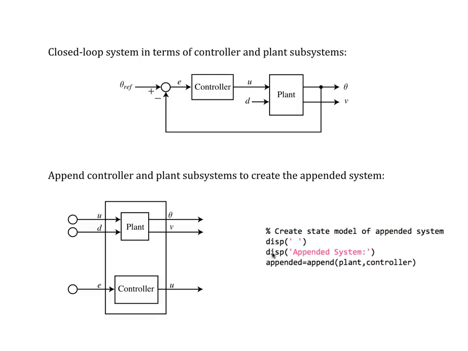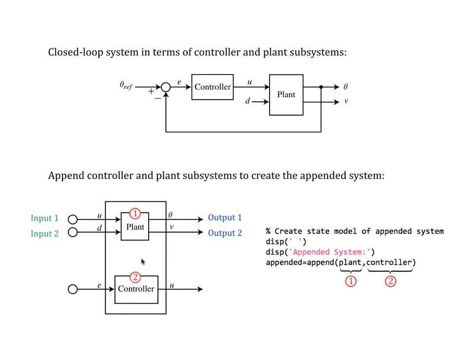In block diagram form, what the append command does is create a parallel combination of the subsystems. It's crucial that you realize that the order is important. When I called the append command here, the order of the subsystems was number 1, the plant, followed by number 2, the controller.